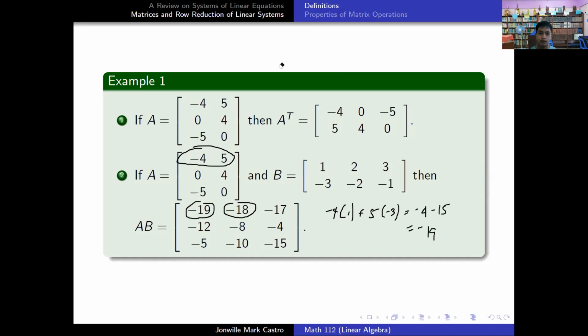So, now we have first row and second column. So, ito naman ay negative 4 times 2 plus 5 times negative 2, which is negative 8 minus 10, which is negative 18. And so on. So, na-complete natin yung matrix natin.